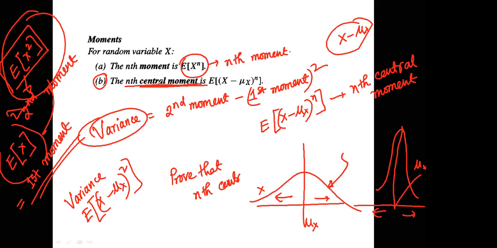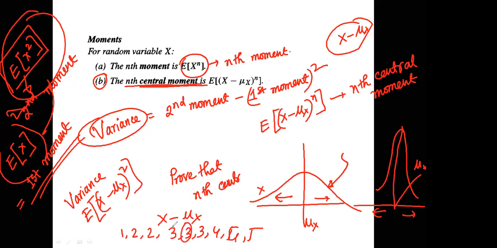Second central moment means how the random variable is distributed, x minus mu x. For example, I'm talking about 1, 2, 2, 3, 3, 4, 4, 5. Now the mean value is 3.